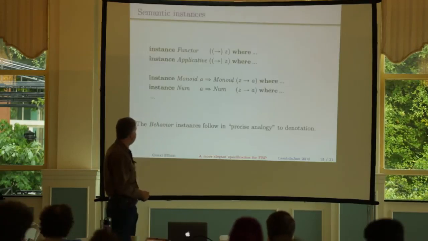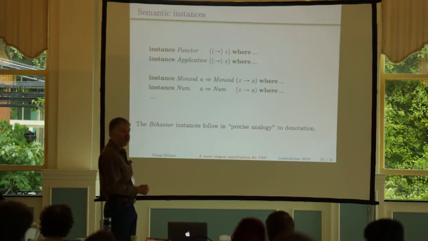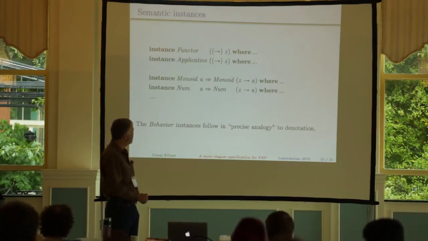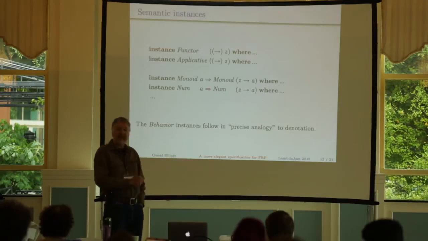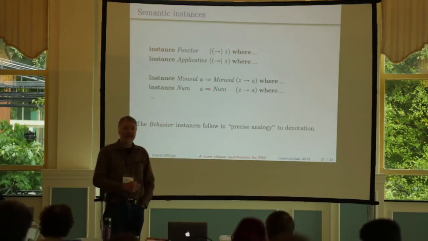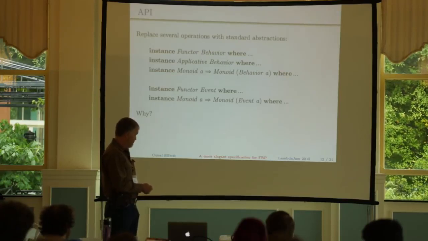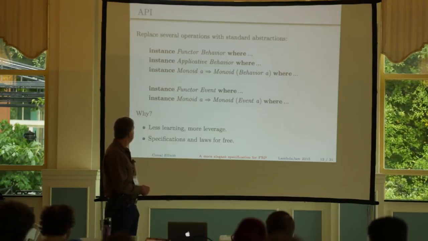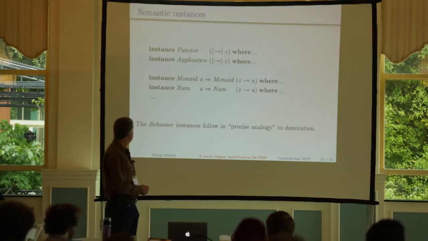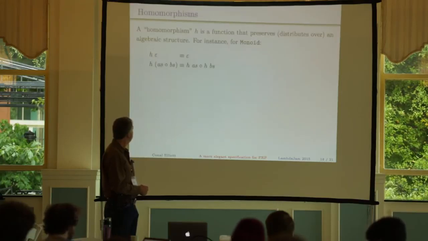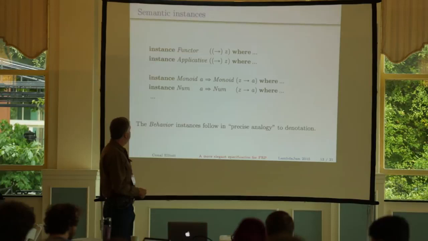All right, so now, what do we do with this information? What I'm saying up here is that what we know about functions, in other words, the denotation, the semantics, will tell us that it translates directly into information about the thing that we're in the process of inventing, about behaviors.